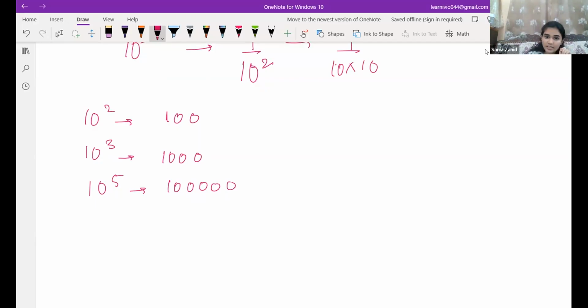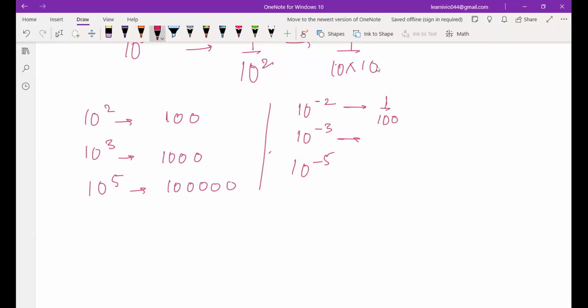Now similarly, if I write the answers for 10 to the power minus 2, 10 to the power minus 3 and 10 to the power minus 5. This is 2. So what should be my answer now? 1 by 10 square. So what's my final answer now? 1 by 100. Next, 1 by 10 cube.